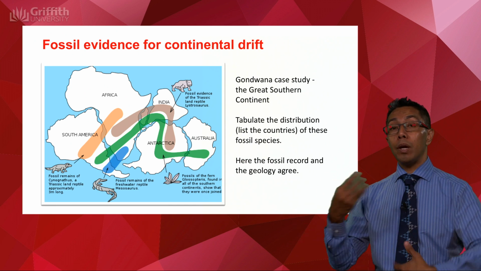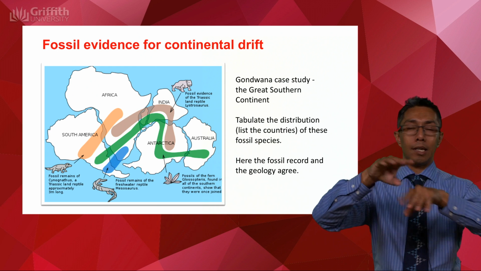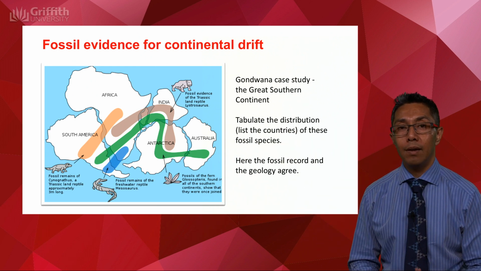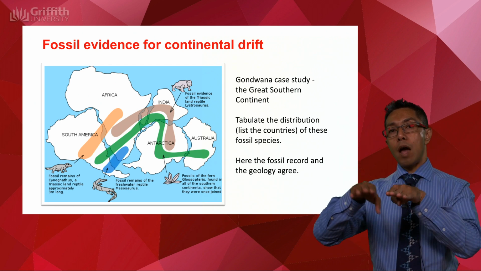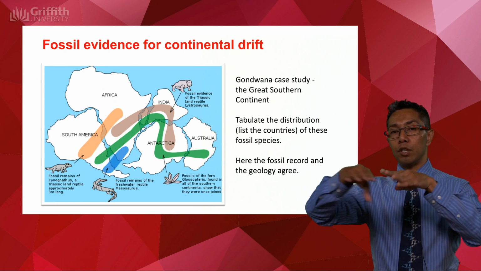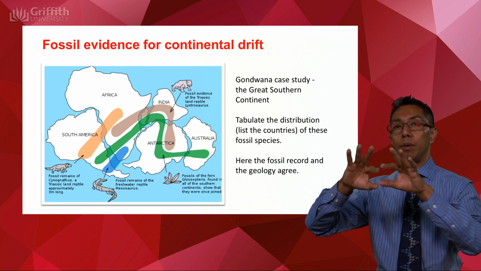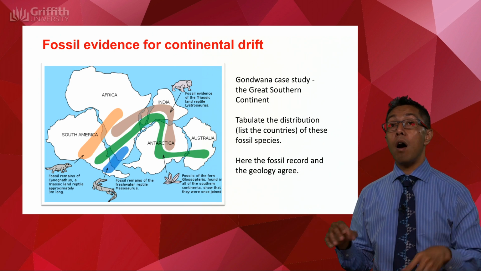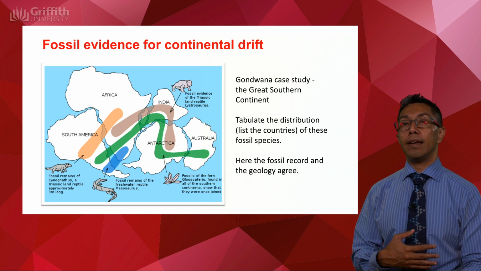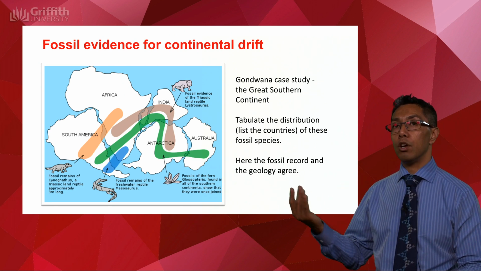Now, we know that plates are moving around, butting into each other and floating apart, doing all sorts of weird and wonderful things. Based upon how we know the plates are moving today, if we press the rewind button and move backwards, we find that at one stage in Earth's past there used to be a great southern continent known as Gondwana.